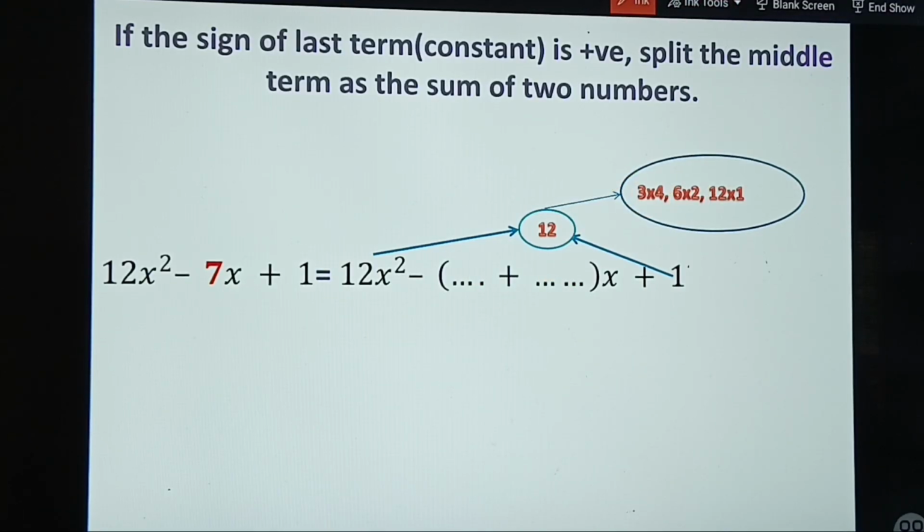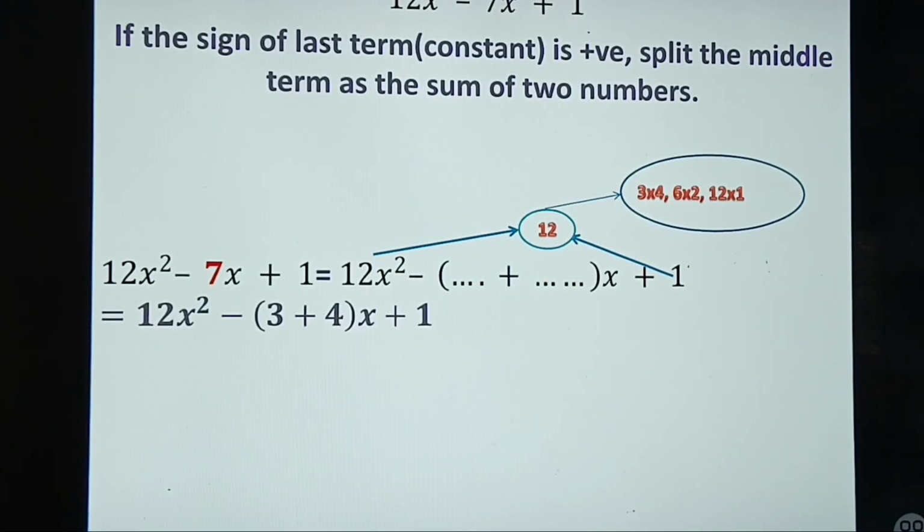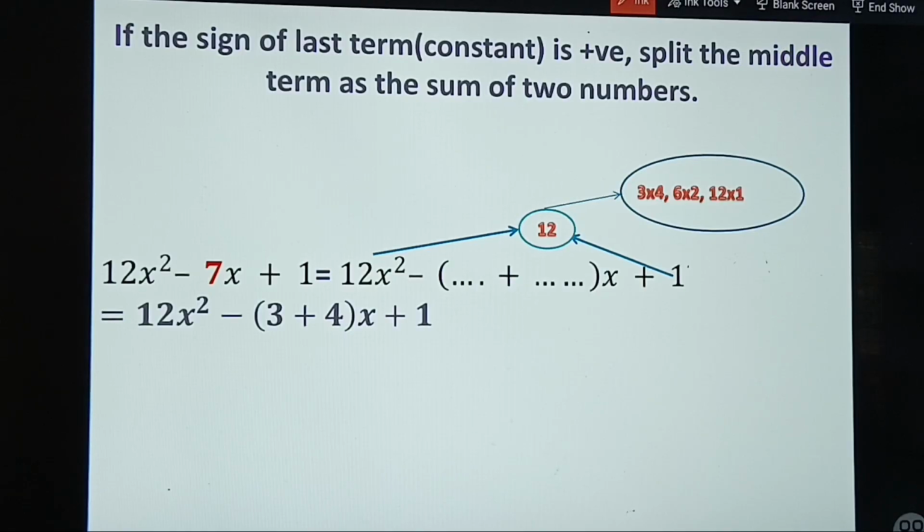We have taken which pair? 3 and 4. Why have we taken 3 and 4? When we multiply 3 and 4, we get this product. When we add 3 and 4, why have we added? Depending on the last sign. The last sign is plus, so this is plus.